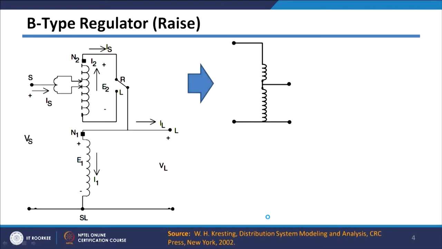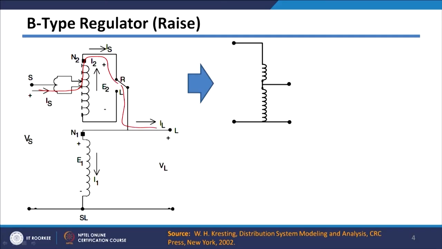And in the last class we also saw the operation of type A as well as type B regulator, and depending upon the position of the reversing switch, R or L, we saw various configurations. When the switch is on the R position, the current will flow like this. So IS will go and then come from this side, and it will get added to I1.